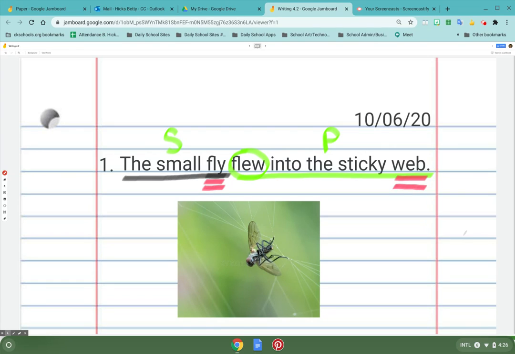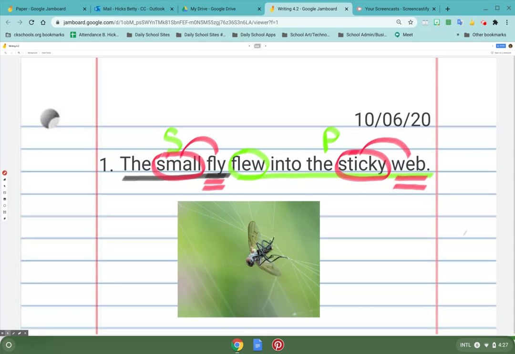That is a good sentence. But instead of doing that, I stopped and I identified my nouns. And then I put an adjective in to describe that. So small is a size. Sticky is a description of how it feels.